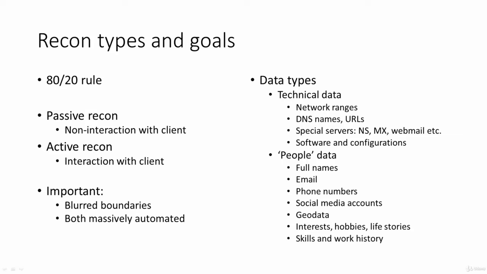Once again, there is a lot of work to do, but it can be massively automated, and that's a good thing. So what's the difference? The principal difference is that when you interact with some systems other than the client's, you do that passively. If you do not interact with the client systems in a way they don't expect you to, this is passive. If you interact with the client systems in a way that is different from normal operations, this is already active.